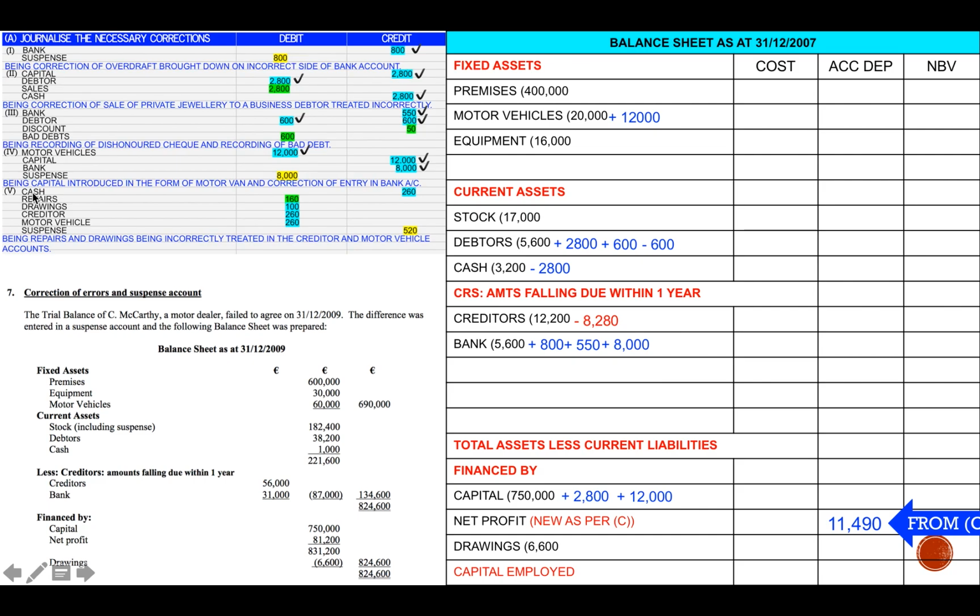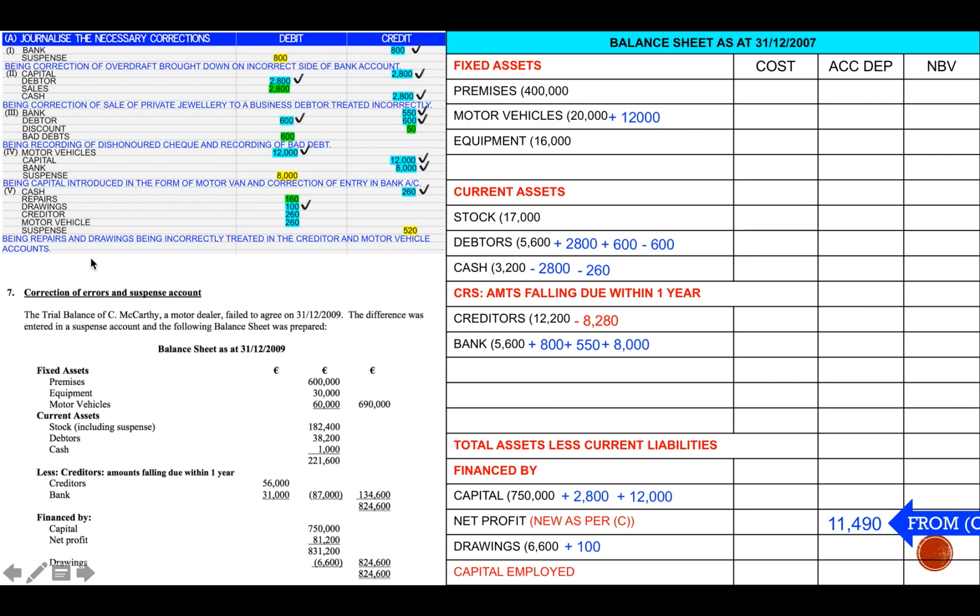So number 5 then. So cash on the credit side. So cash is an asset. So when an asset is on the credit side, that is showing that the asset is reducing. So cash minus 260. Then we have drawings. Drawings on the debit side, we debit drawings. So our drawings are increasing there. So 100 into the drawings.